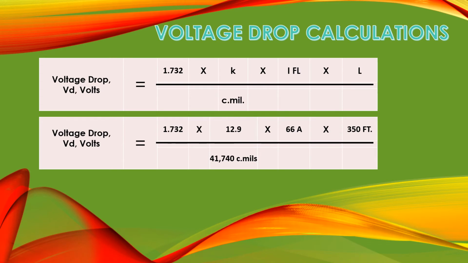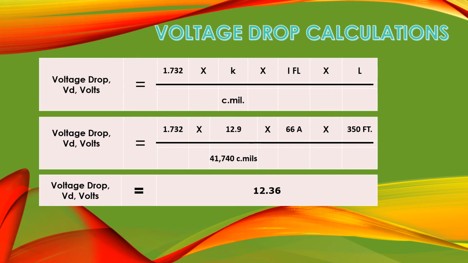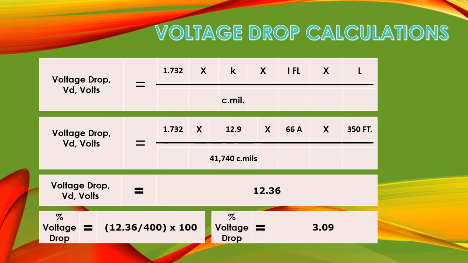Okay, now let us see if we increase the length of the conductor from 98 feet to 350 feet. So let us see what will happen. We increase the length of the conductor. Now we get 12.36 volts, which is equal to 3.09%.